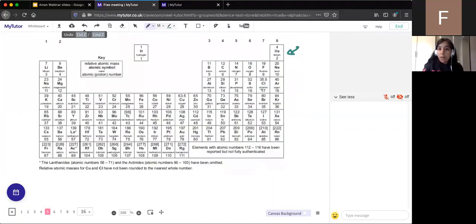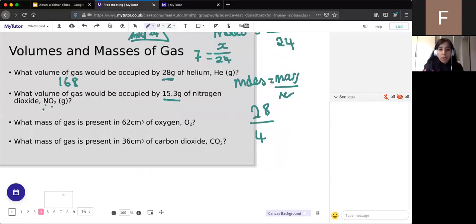That's the AR of oxygen, and nitrogen is 14. So it's going to be 14 plus 32. That's 16 times 2. So 14 plus 32, which is equal to 46. So it would be 15.3 divided by 46. So what's the number of moles of nitrogen dioxide?